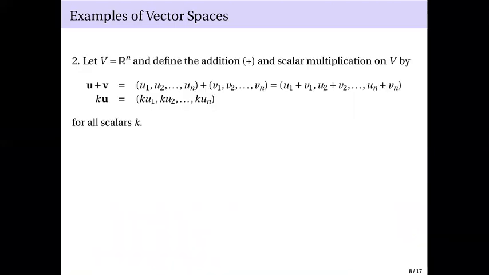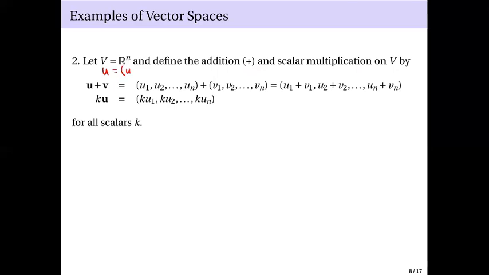Next example, let V be Rn. So V equals Rn, and then we define the addition and scalar multiplication as follows. Since V is just your Rn, here u will be denoted by n-tuples.